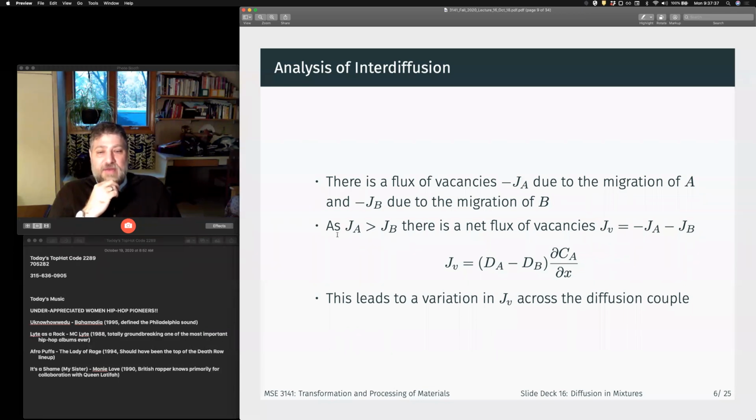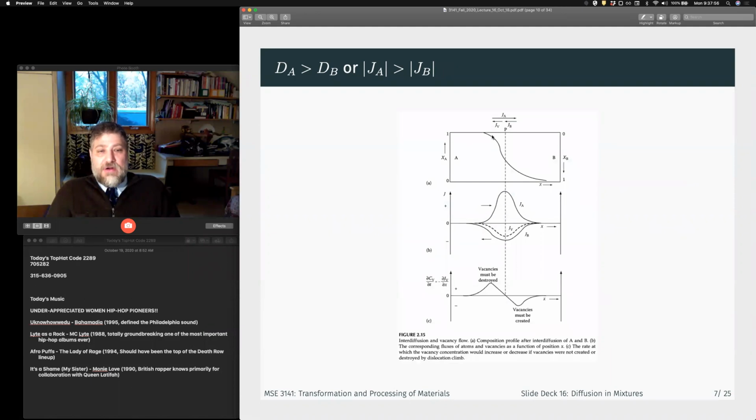And if the flux of A is greater than the flux of B, we end up with essentially Fick's first rule for the vacancy flux. So this leads to a variation of our flux of vacancies across the diffusion couple.